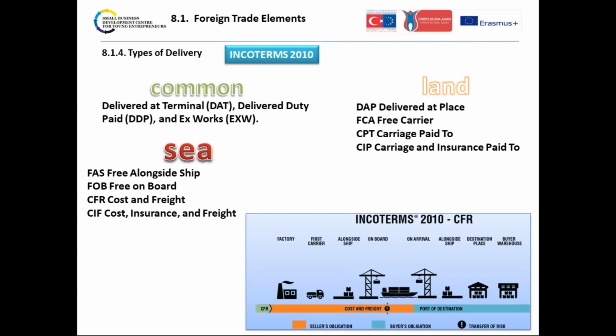There is also a graphic showing you, if you are an exporter sending some goods, there are lots of delivery types, and which are under the control of the seller and the buyer. You can also check this graphic in order to choose the best option for your export.